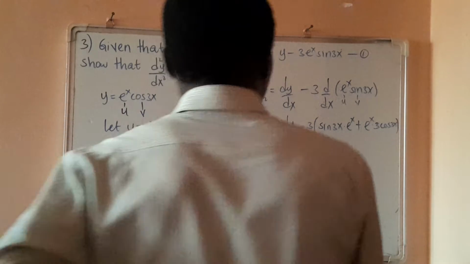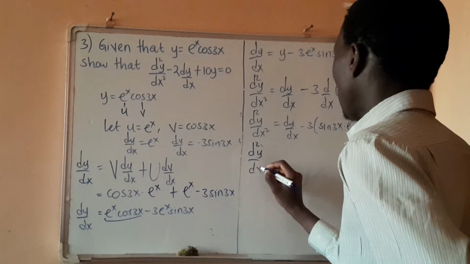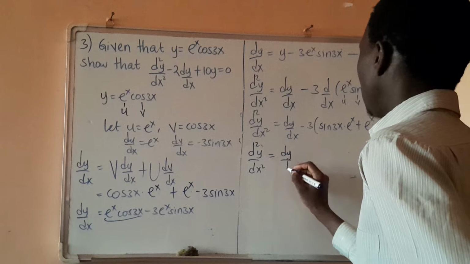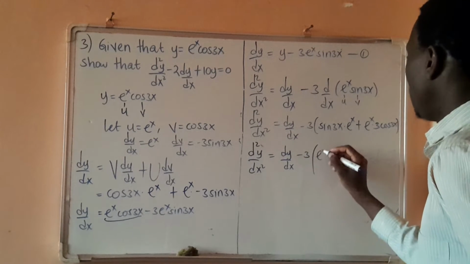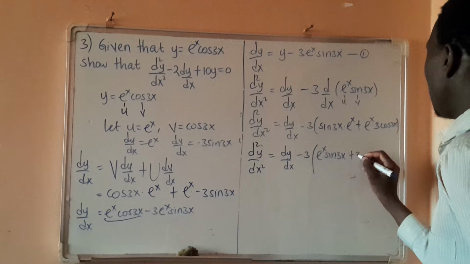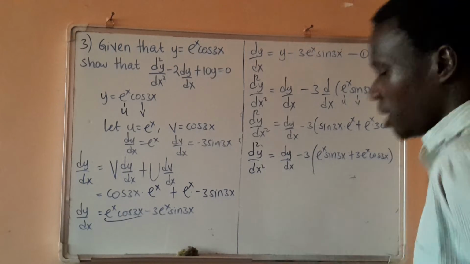Then this simplifies to this. It's equal to dy dx minus 3 e to the x sine 3x, then plus 3 e to the x cos 3x.